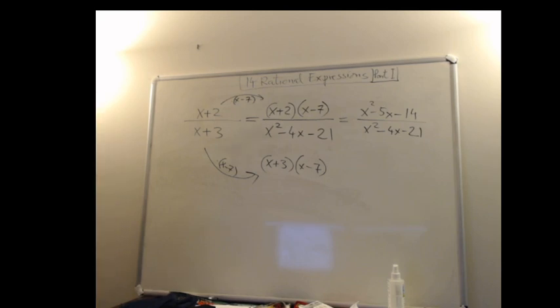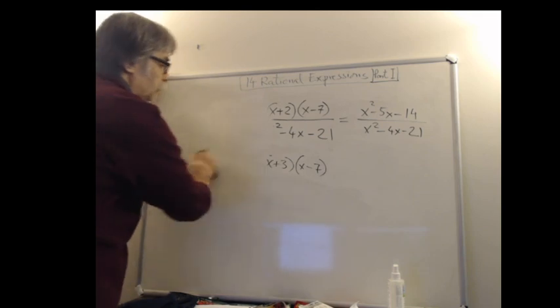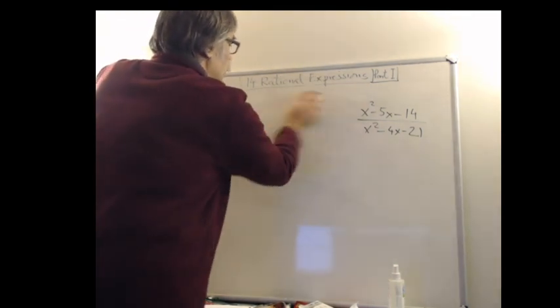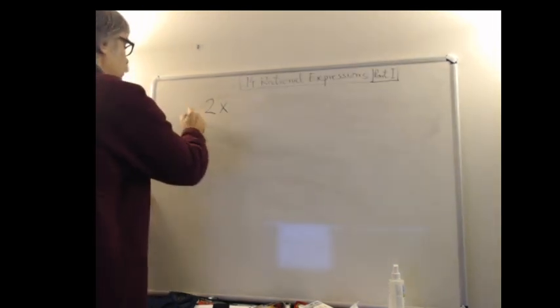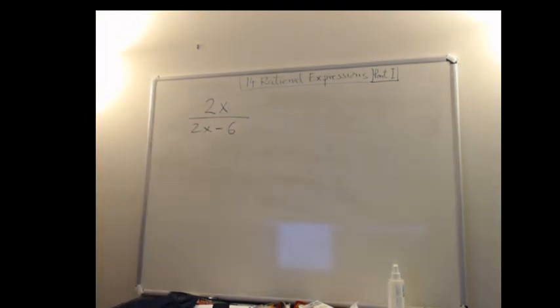We also do the reduction, reducing to lowest terms. Okay, that's not news to you either. That is often done with fractions, reduction. So here's an example: 2x on the top, 2x minus 6 on the bottom. If you want to reduce this, you can reduce this by canceling common factor.